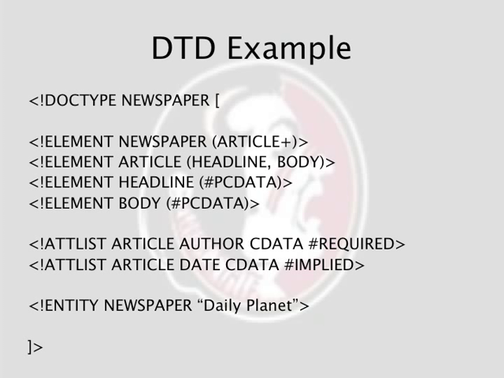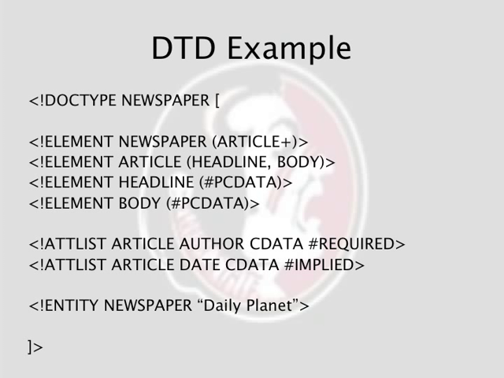So in a newspaper example, it must have a newspaper element with at least one or more articles. The article must have a headline and a body. The headline must be in this form, which basically means it could be words and numbers, and the body is made up of words and numbers.